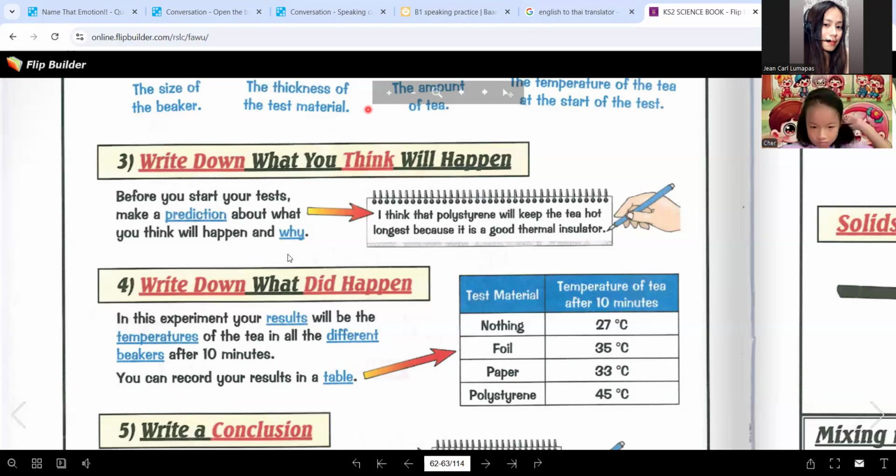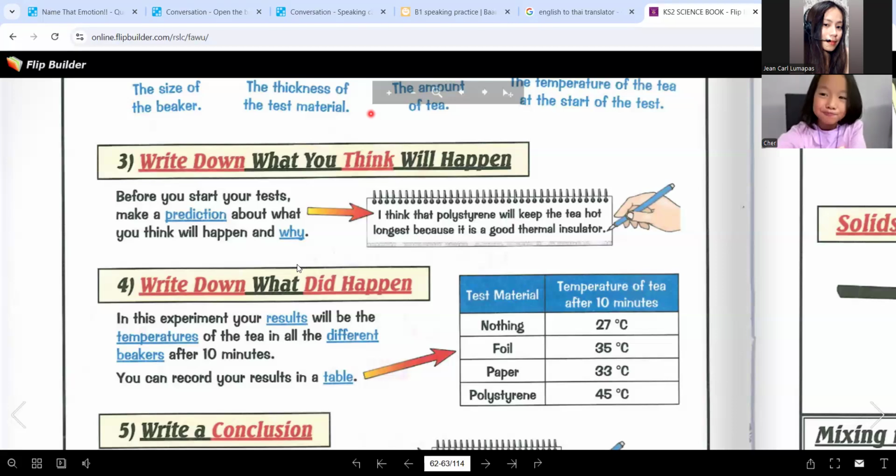Number four, please read. Write down what did happen. That means to say, in the experiment, the result of the experiment.